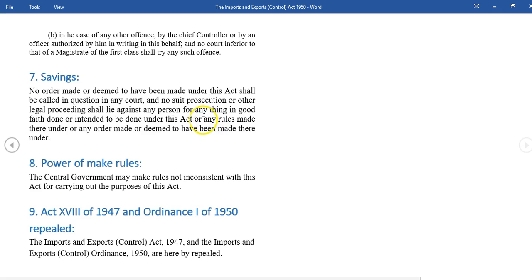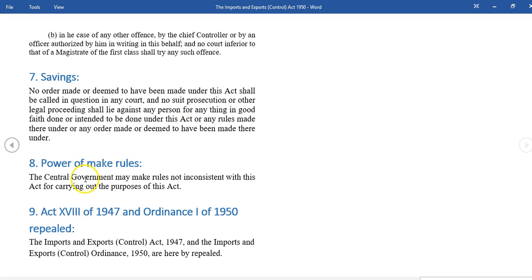They cannot be tried in any court for their execution of this act. So if any government officer is trying to enforce this act, he cannot be blamed or alleged in any court for his government responsibilities.